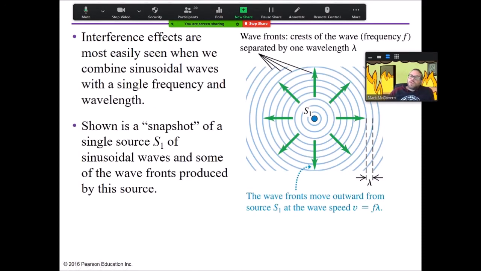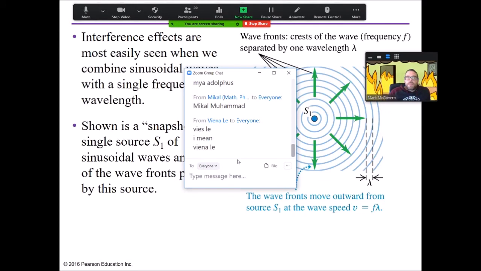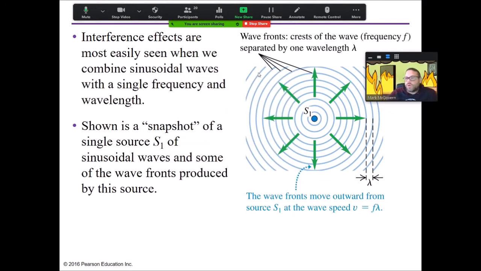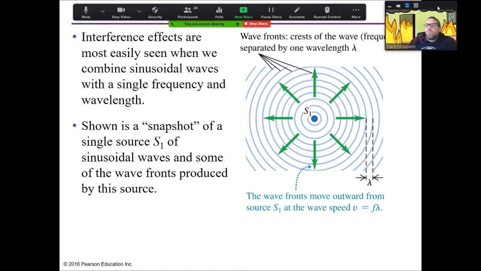So what we're going to do is look a little at the propagation of waves, focusing on our wavefront perspective, and consider when waves are interacting. The figure you see here represents wavefronts.